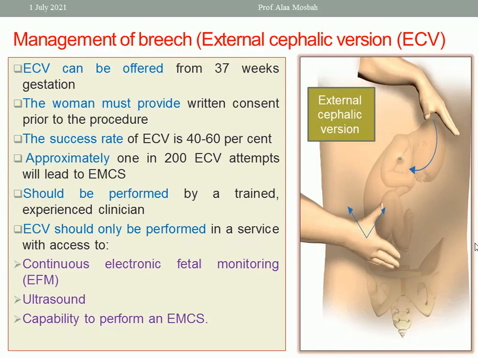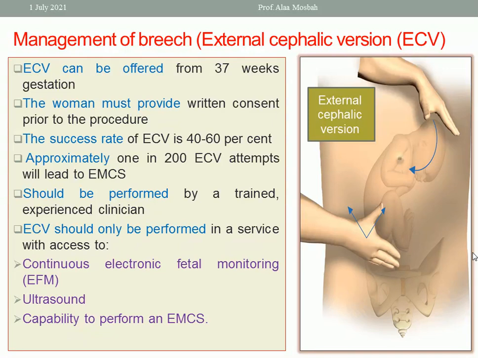The woman should consent to that. One in 200 external cephalic version attempts will lead to emergency cesarean section. That's why it should be performed by a trained, experienced clinician, to minimize the complications as much as we can and to get a successful external cephalic version.